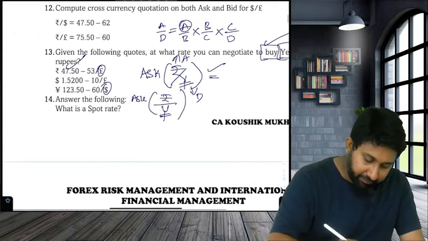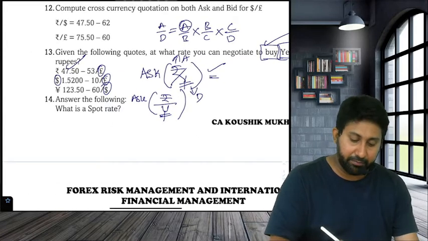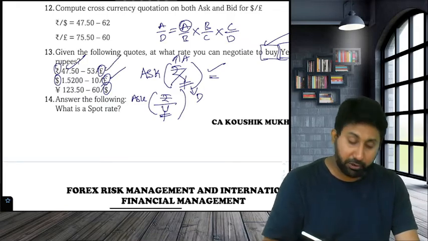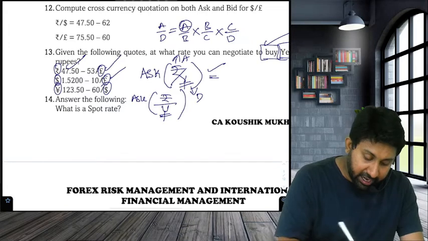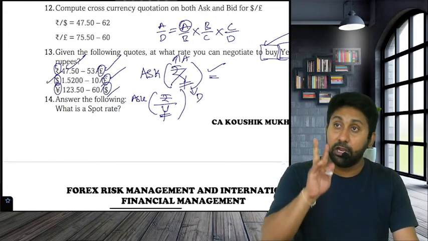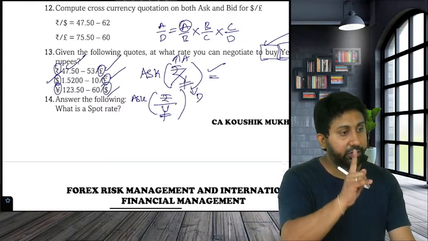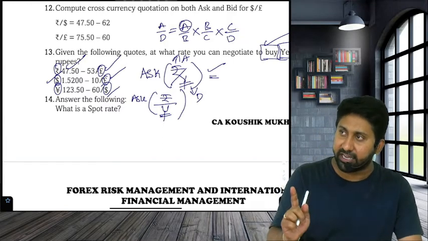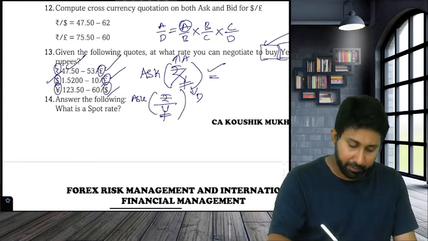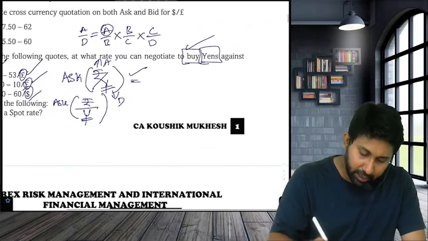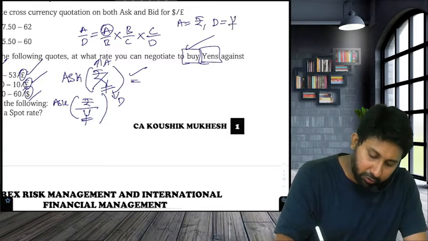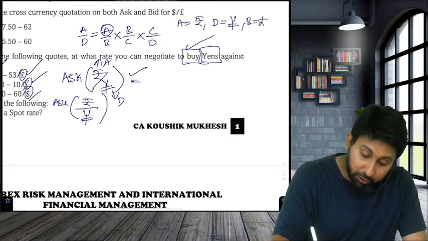Here, dollar pound traded, pound is in per unit. Pound and rupee traded, pound is in per unit. Dollar and yen traded, here dollar is in number of units. Therefore, of the two currencies, dollar and pound, pound is repeated multiple times in the denominator or per unit side. Therefore, A equals rupee, D equals yen, B equals pound.